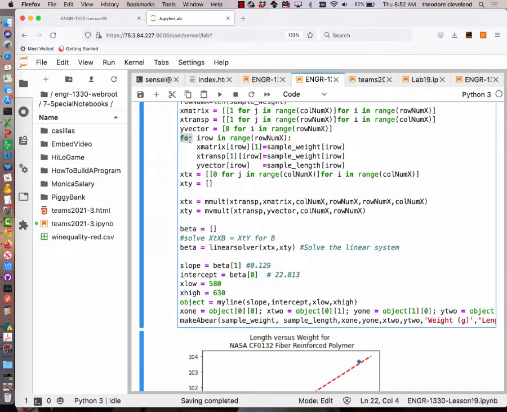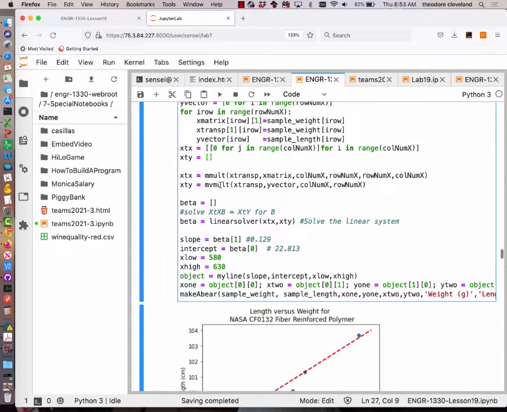So this is where the primitive way of doing things is kind of a pain in the neck. We read from sample rate, we put it into the correct location in the design matrix. We read again from sample weight, correct location into the transpose of the design matrix. We read sample length, put it in the correct location of the y vector. Then we build some space for the X transpose X matrix and the X transpose Y matrix.